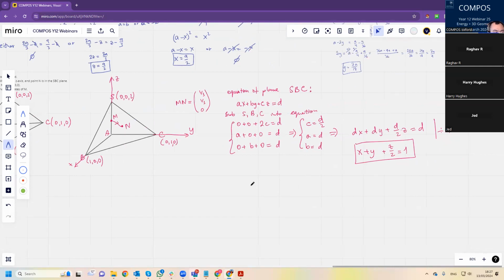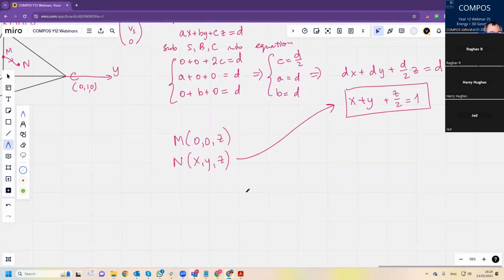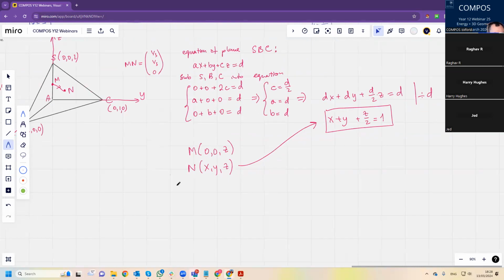Now we know that M has coordinates 0, 0, z, and N has coordinates x, y, and z. But we also know that N is in that plane. And MN is x, y, 0, which is equal to 1/3, 1/3, 0.